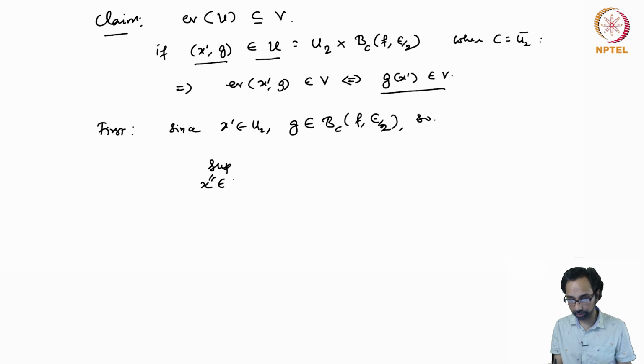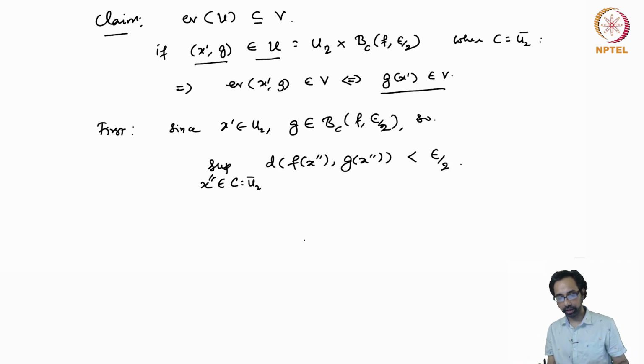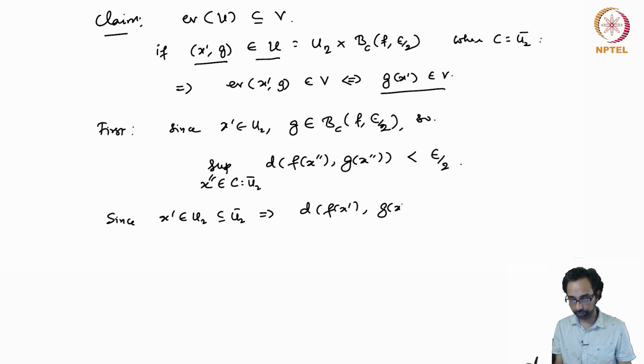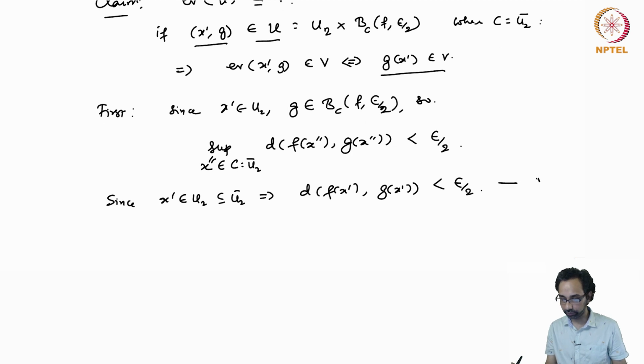And now since x prime is in U2, which is a subset of U2 closure, this means that d(f(x prime), g(x prime)) is less than epsilon by 2. So this is one of the inequalities that we need.